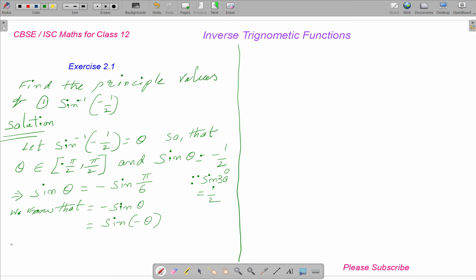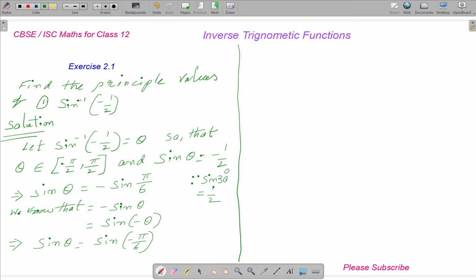So therefore the above equation becomes sin theta is equal to sine of minus pi by 6.